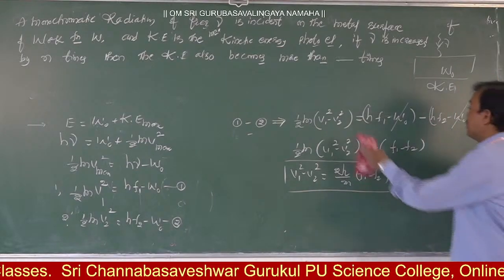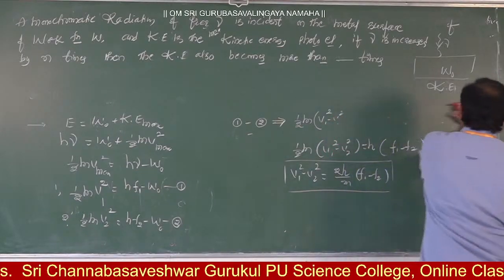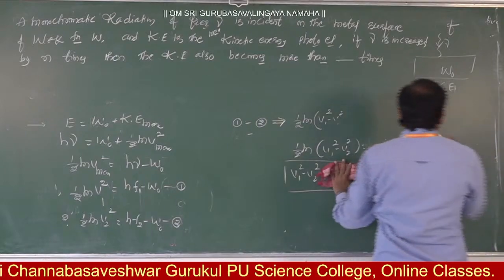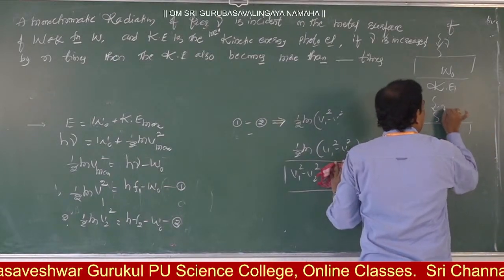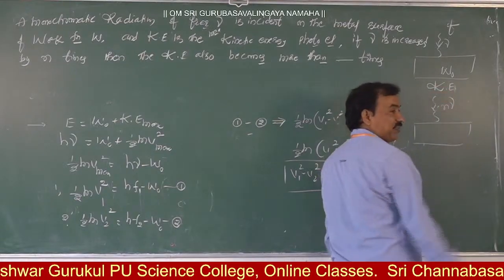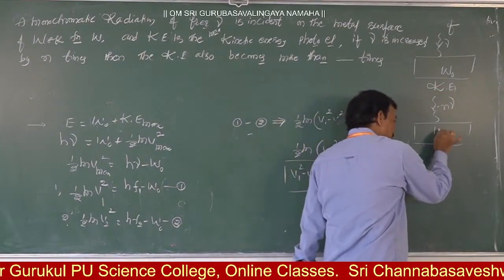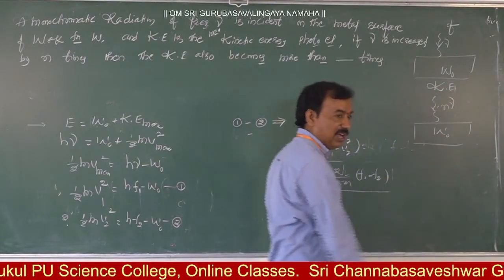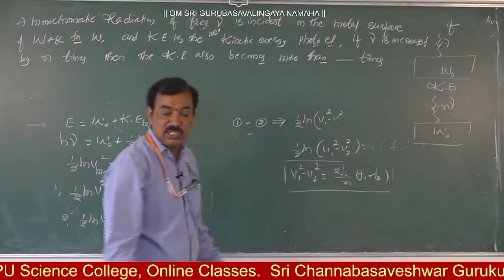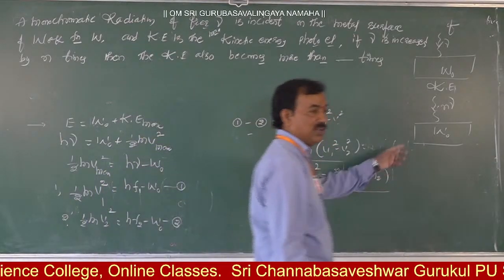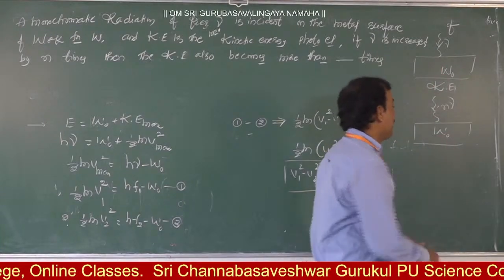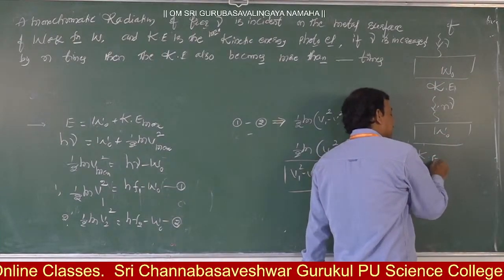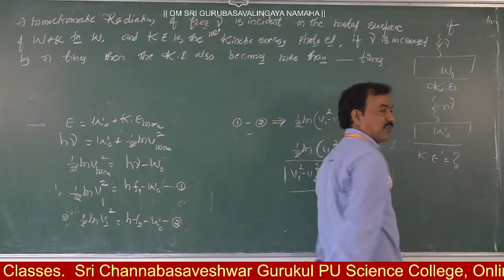Second condition: the frequency is n times, so this is n into nu. The work function should remain the same, since it is the same metal. The work function depends upon the nature of the metal only. Same metal means the same W naught also. Then whatever the kinetic energy KE dash is, what is its value?